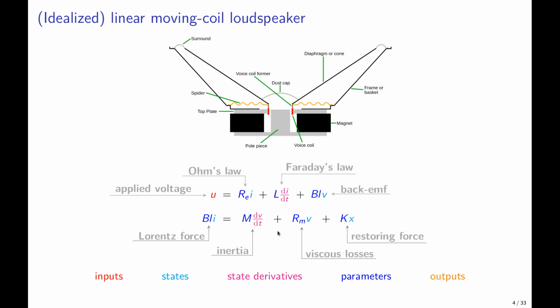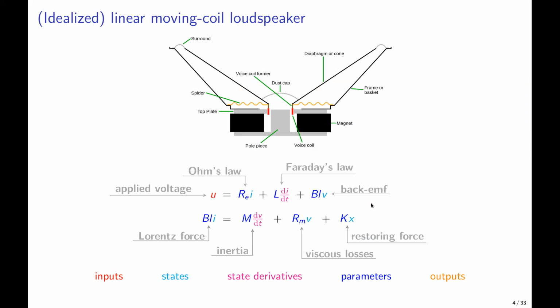And here is the one equation for all the voltages in the system. This is Kirchhoff's voltage law. And then down here we have just Newton's law for the force. The quantities that describe the motion of this whole system, the so-called states, are the current, the position, and the velocity.